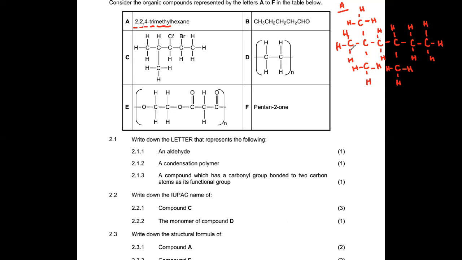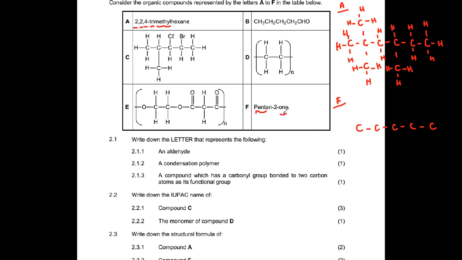This is a 2-mark question. If you write 6 carbon atoms with the substituents, you get the mark. And when you add everything, all the hydrogens, you get the 2nd mark. When we come to compound F, it is a ketone with 5 carbons. So let me write 5 carbons, 1, 2, 3, 4, and 5.